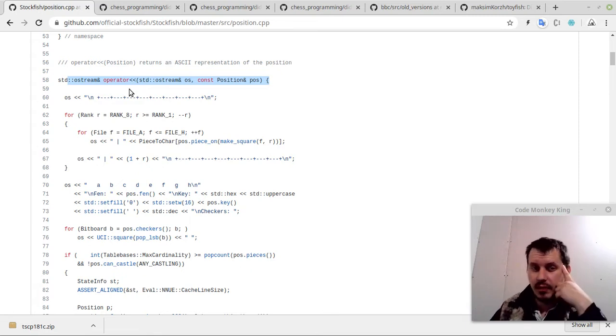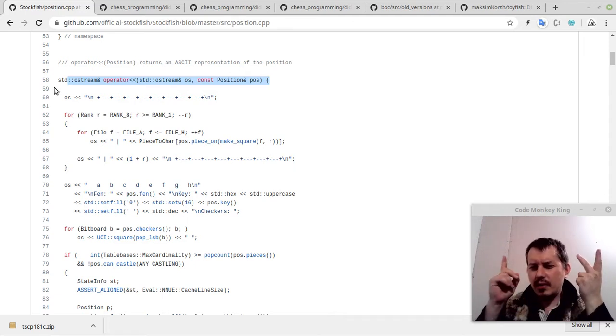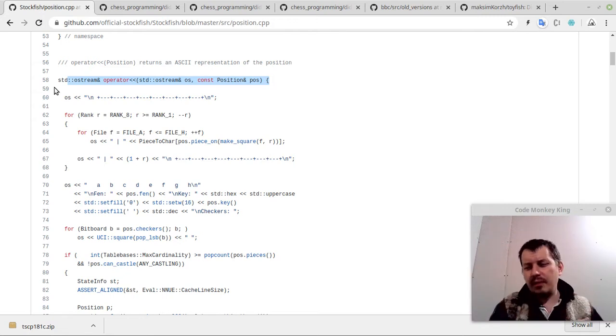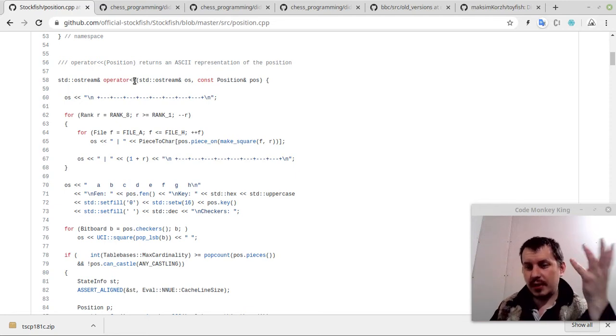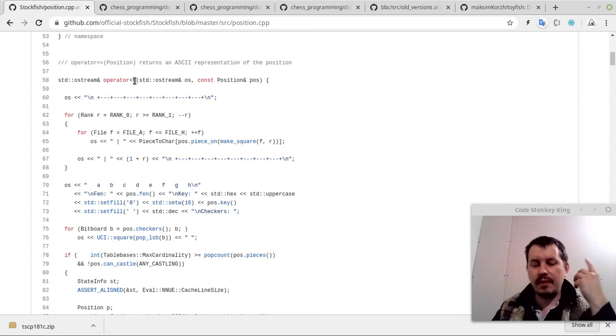It makes you think, okay, I need to learn objects, I need to learn C++, I need to learn what they changed in C++17, C++20, whatever else. And you go in a completely different direction. You need to figure out how streams work in C++ and so on. So you start doing anything but trying to understand how the chess program works. That's the core thing I wanted to emphasize here.